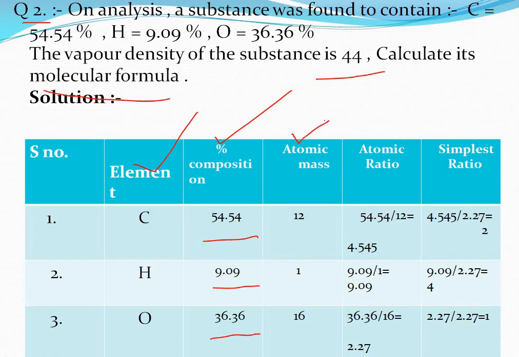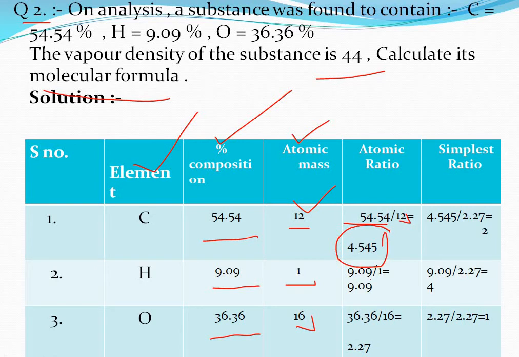Atomic masses of the first 20 elements you already know: carbon 12, hydrogen 1 and oxygen 16. Atomic ratio you can calculate by dividing percentage by the atomic mass, that is 54.54 divided by 12, the atomic mass of carbon, and you get 4.545.